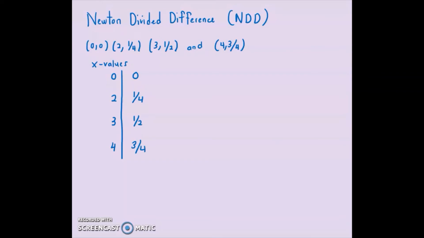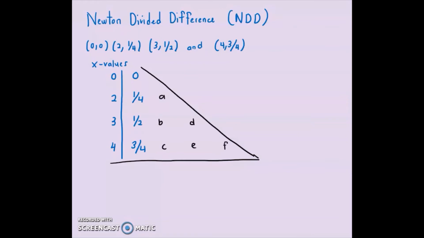Okay, so for Newton divided difference, we define the diagonal values, all the diagonal entries. So we need to find A, B, C, D, E, F, all these.